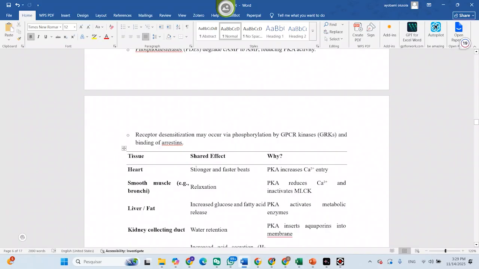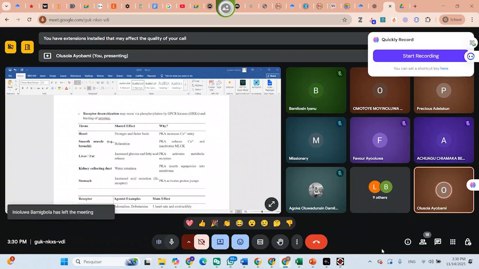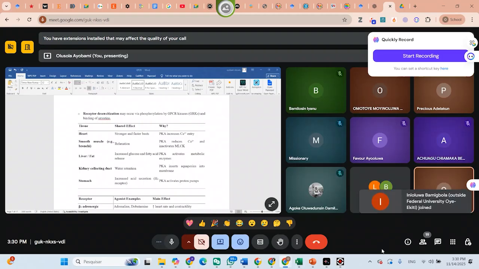So receptor desensitization is one of the mechanisms of tolerance amongst many others. Tolerance can also be due to enzyme induction, I beg your pardon. I'm still going to take you through enzymes, so when we get to that, we'll talk more on the mechanisms of enzyme induction for tolerance.